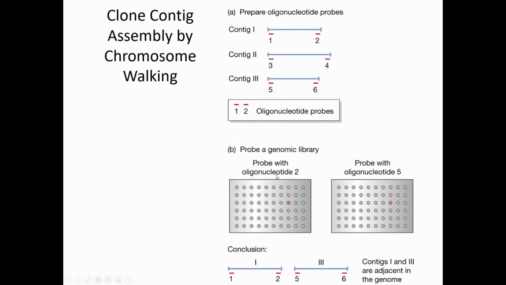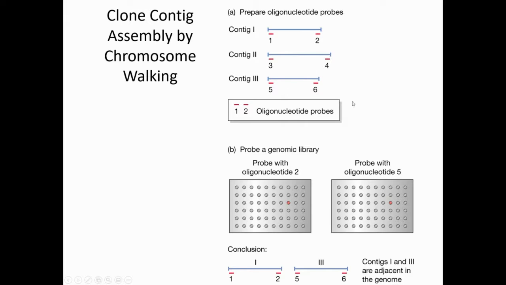And this is the chromosome walking. So basically, this is a technique used to assemble clone contigs. Okay, so the chromosome walking is basically you have different contigs, 1, 2, 3, right? And then you have different probes at each end.